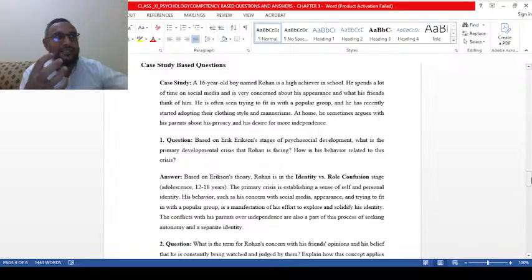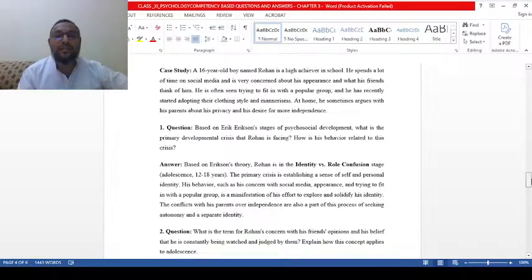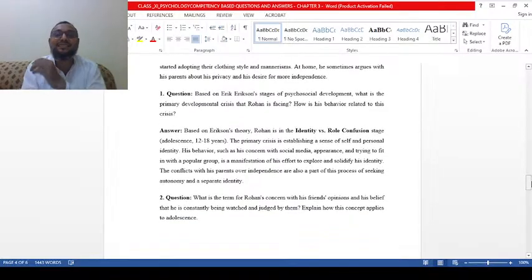The teenagers, basically your age group people, you see your hairstyles, your clothing styles. All these are basically the age factor. So you see, the primary crisis here is the sense of self and personal identity. His behavior, such as his concern with social media, appearance and trying to fit in with a popular group, is a manifestation of his effort to explore and solidify his identity.